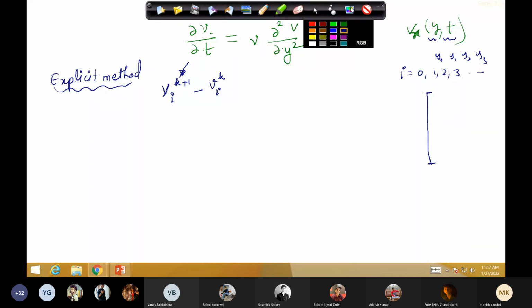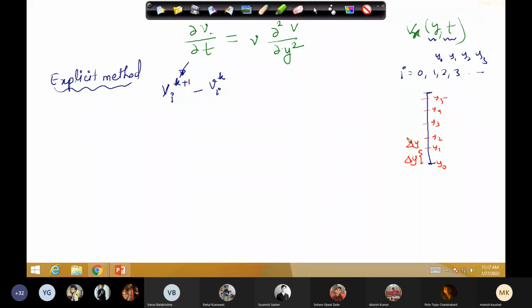And you have discretized the y into, let's say, n or m points, whatever you want. Let's say this is your y0, that bottom boundary, y1, y2, y3, y4, y5, and so on. And this is your delta y. Of course you have kept delta y the same. So y2 minus y1 is delta y, y3 minus y2 is delta y, and so on. So this is your step size in the space domain, okay?